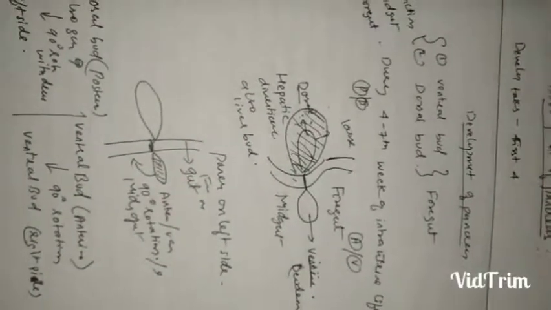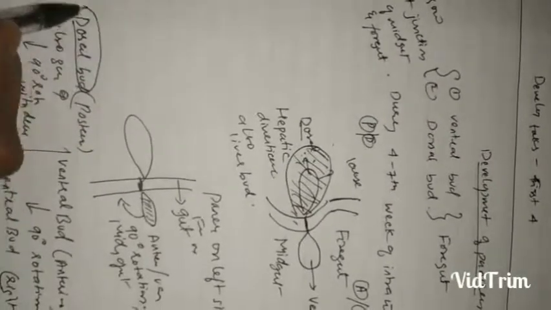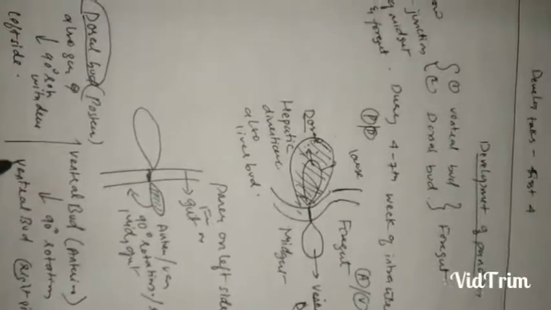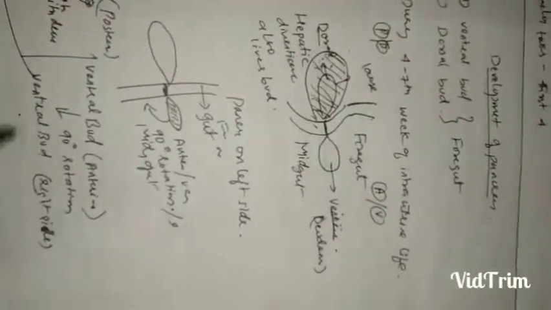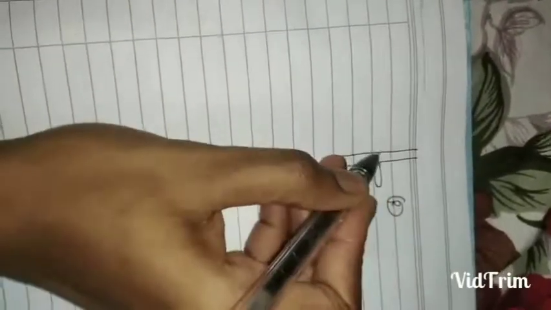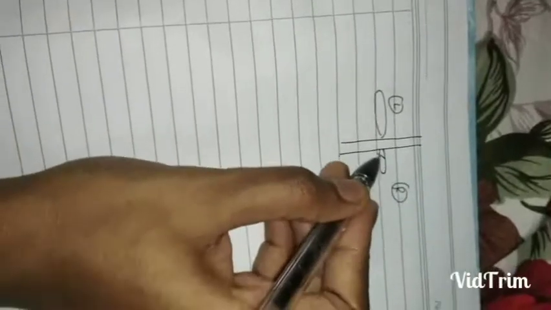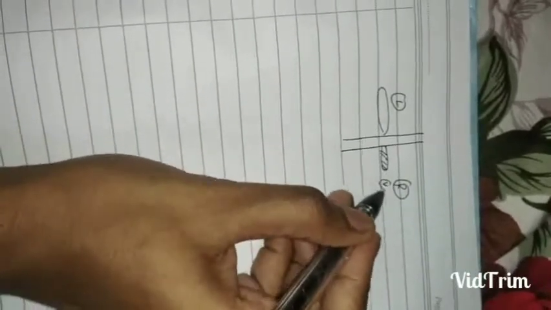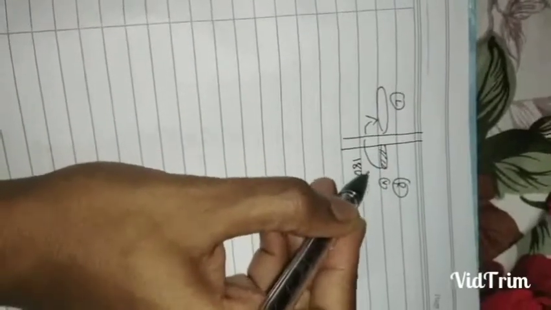As we know, the pancreas should be on the left side, so the dorsal bud has already come to the left side. Now the ventral bud should reach the dorsal bud on the left side. I'll show you here. This is ventral bud on the right side. This is dorsal bud on the left side. So for the ventral bud to go on the left side, it should go 180 degrees rotation.